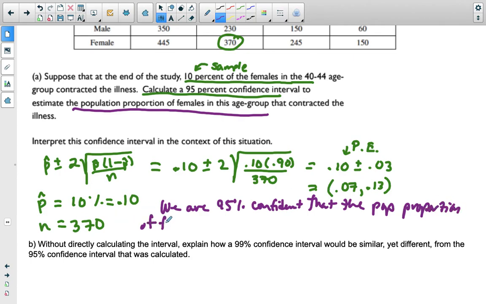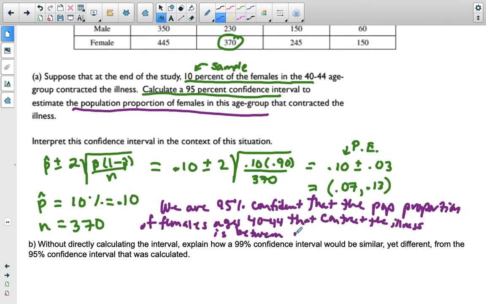of females, let's be a little bit more specific, ages 40, was it 40 to 44? Population proportion of females ages 40 to 44 that contract the illness is between 0.07, which we can understand as what, 7%, right?